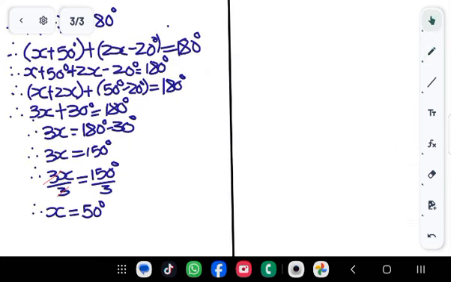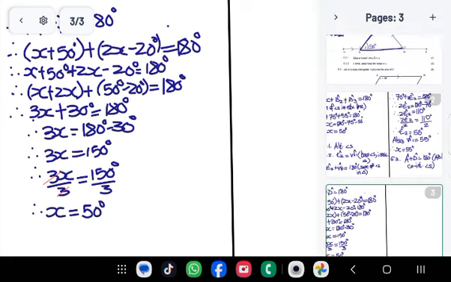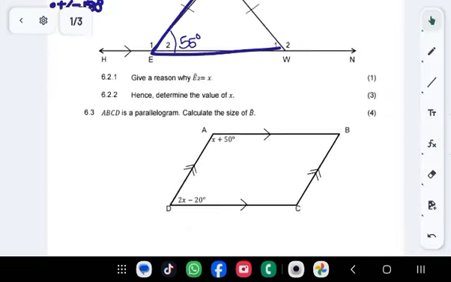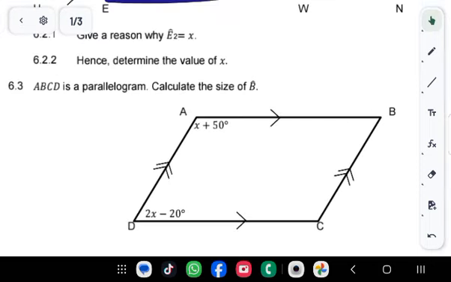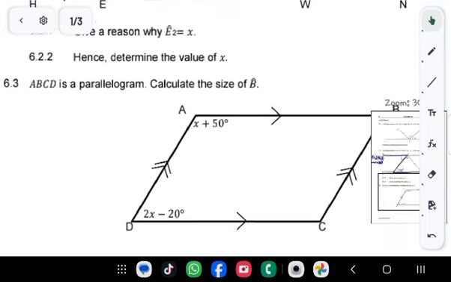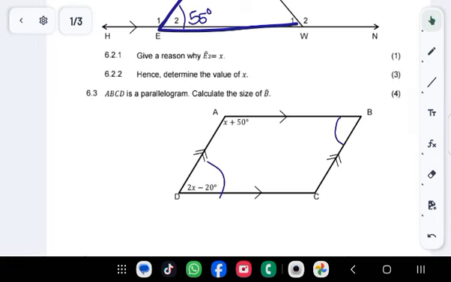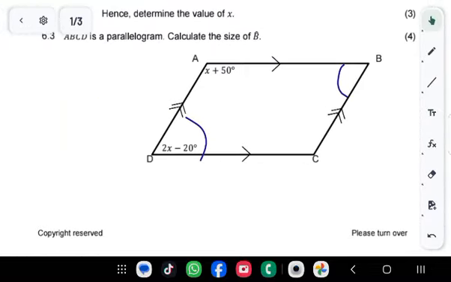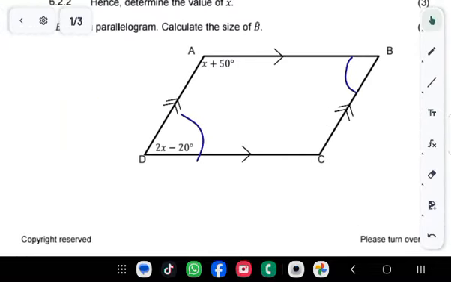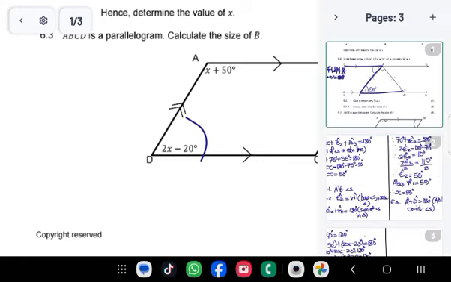So now let's use this to find the size of angle B. Angle B is opposite angle D, and because these are opposite angles of a parallelogram, they'll be equal. We know that angle B equals angle D, and angle B equals 2x minus 20.